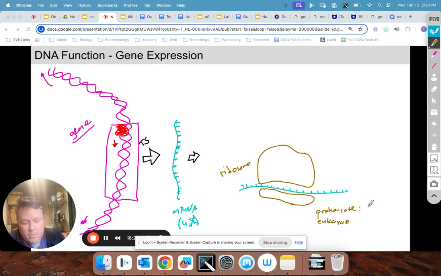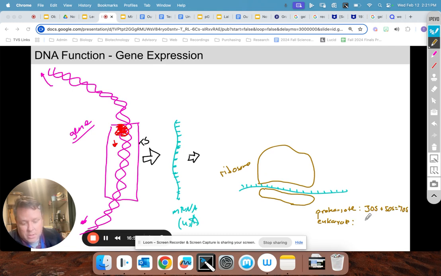Regardless, it doesn't matter, but there is a 30S, that stands for a Svedberg unit, and a 50S, the small subunit and the large subunit, and they combine to make the 70S ribosome, which is the whole thing. Those are not additive because of the way that sucrose gradient density centrifugation works. Again, we're getting into ways of measuring density of very small molecules. It doesn't matter, but they don't add up.